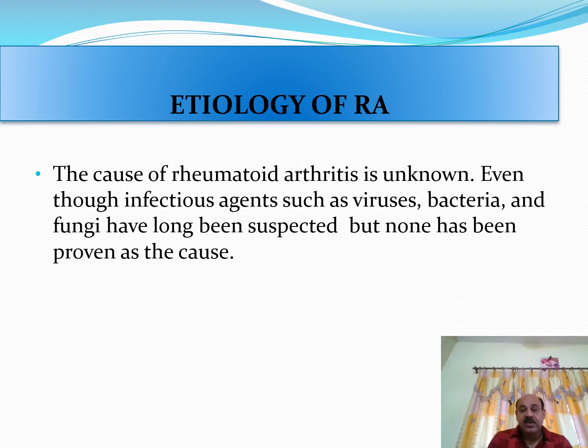But as we discussed in the Amavata Part-1 presentation also, we believe that when Agni is reduced, when there is hypofunctioning of Jatharagni, the food is not properly digested, it is fermented and transformed into Ama, the toxic type of substance, and that Ama gets access to the circulation through the dhamanis.